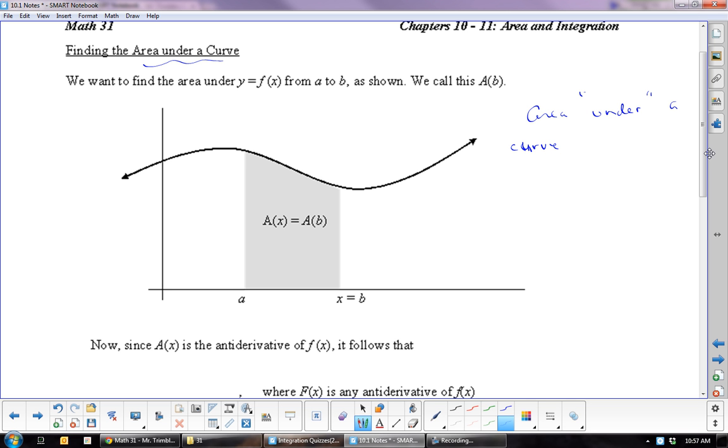So it is defined to be the area between the curve and the x-axis. That way you know how far to go. So it's the y equals 0 line, or the x-axis.